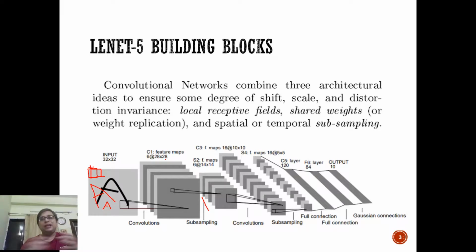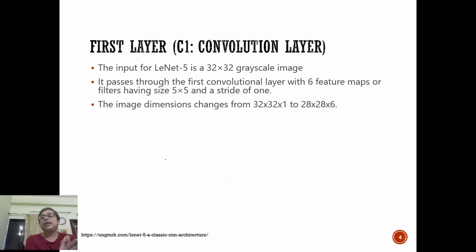We will look at the layers in more detail shortly. The first layer is called the C1 convolution layer. You always ignore the discussion about the input layer, right? The input is a 32 into 32 grayscale image. The first convolution layer has 6 feature maps, or 6 filters, with a size of 5 into 5 and a stride of 1.